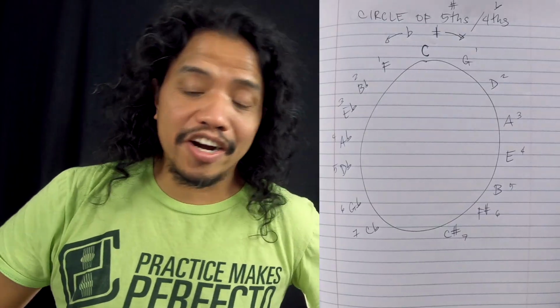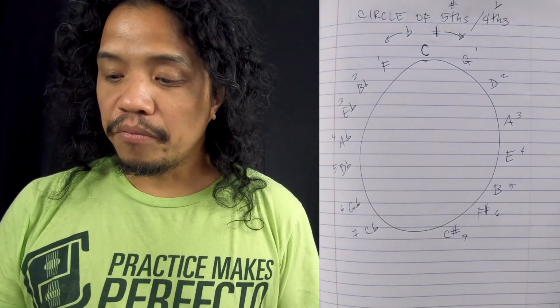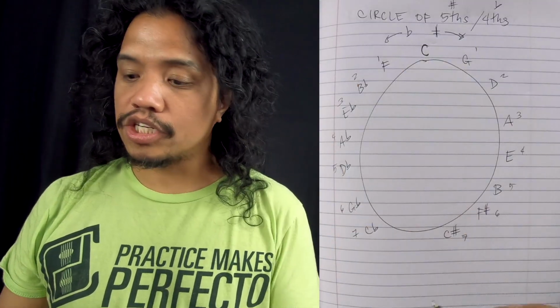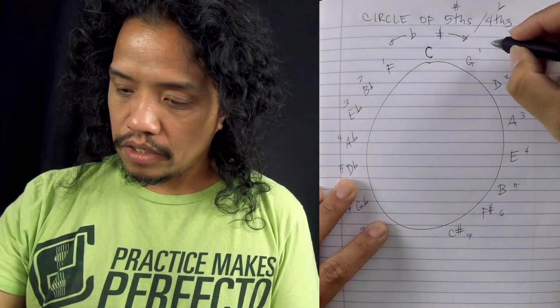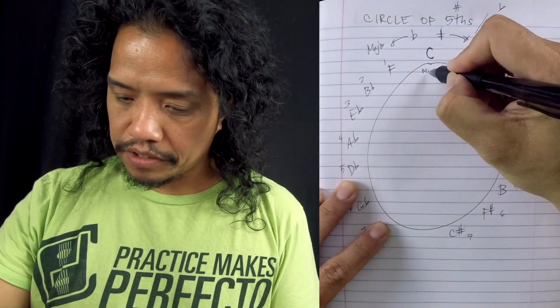Now to make our circle of fifths and fourths even handier, we can write down the relative minors of each key. Outside is major and inside will be minor.